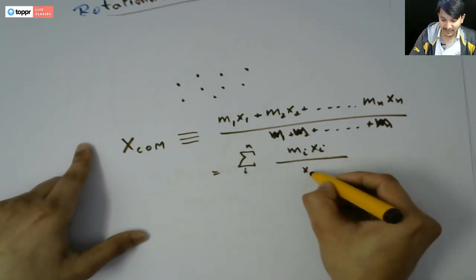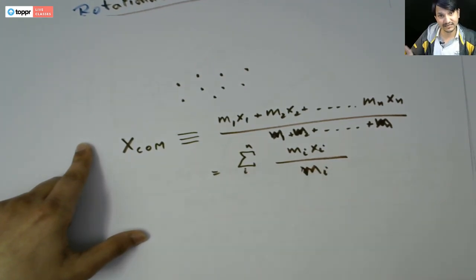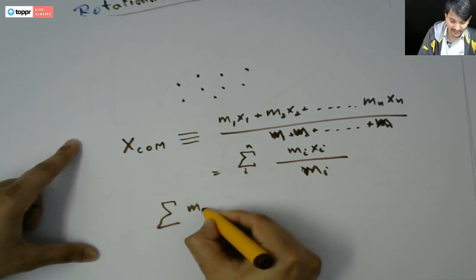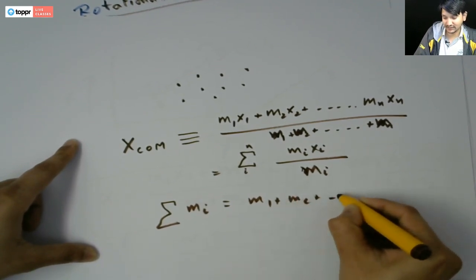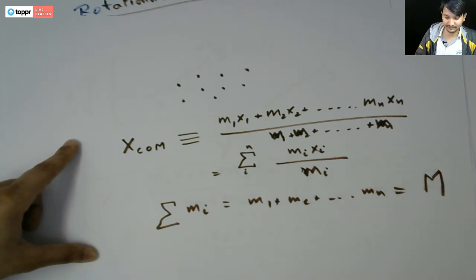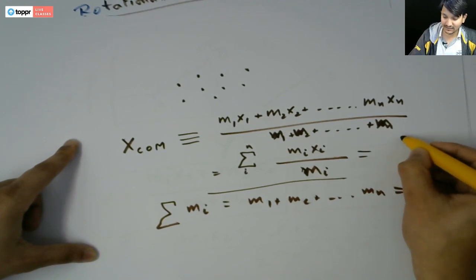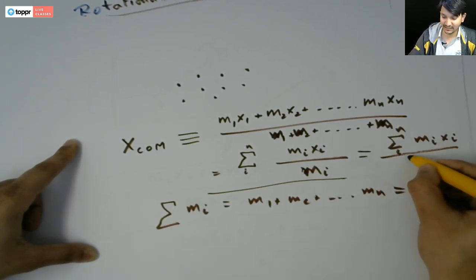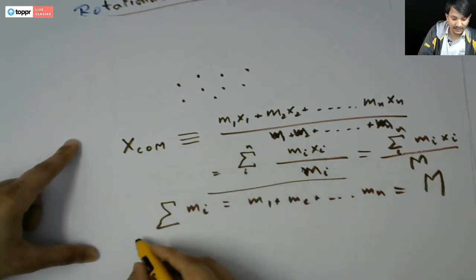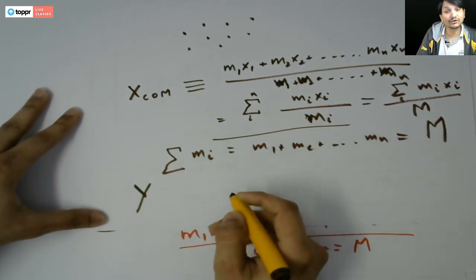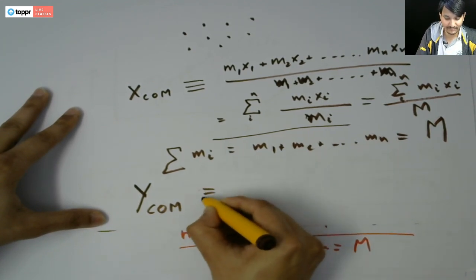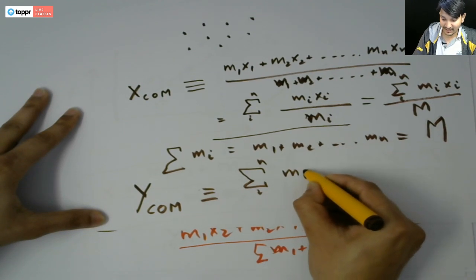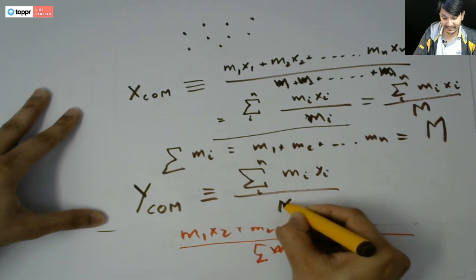So the total mass being summation of mi, that means m1 plus m2 plus m3 to mn, or say if we are assuming summation of mi, or m1 plus m2 and so on to mn, is equal to, let's say, capital M, then this expression here is summation i to n mi xi divided by capital M. Similarly, the y coordinate of the center of mass comes out to be summation of i to n mi yi divided by, again, the total mass M.